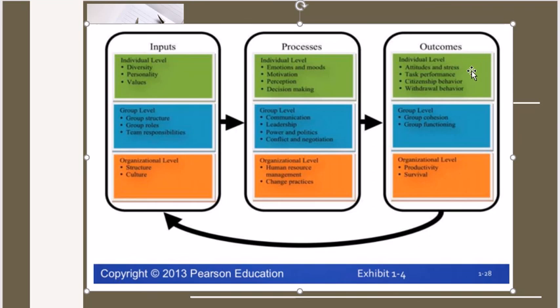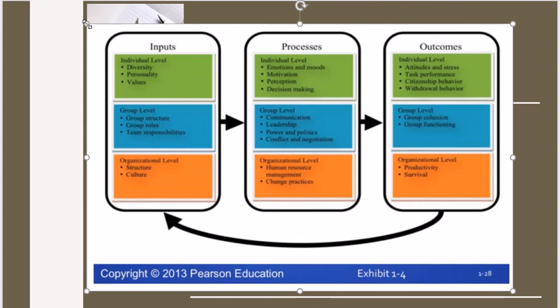Attitude and stress, task performance, citizenship behavior, withdrawal behavior. So for the group, we have communication, leadership, power and politics, conflict, and negotiation. So the outcomes will be group cohesion and group functioning. For our organizational level, we have human resource management and change practices. So our outcomes will be productivity and survival.